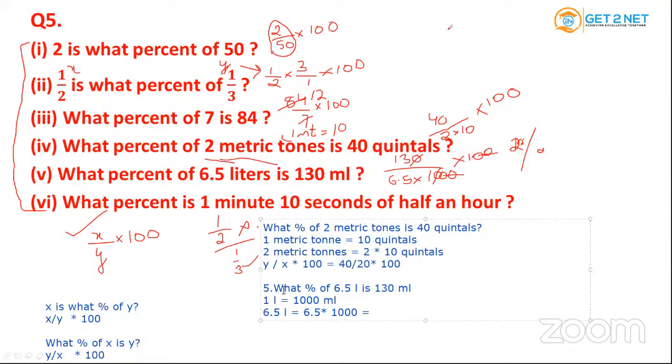So what will happen? 65 divided by 10 into 1000. Or you can straight away go for it like this, 6500. Okay? Understood?